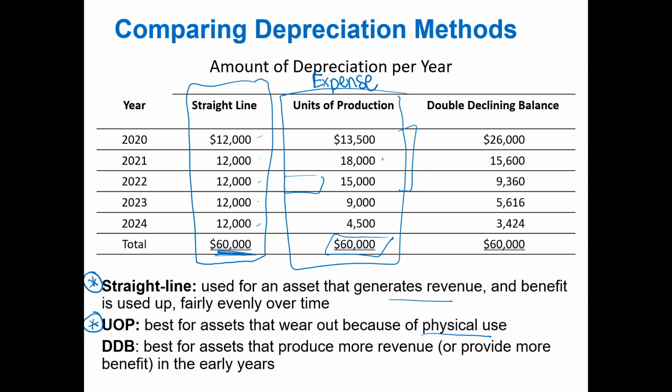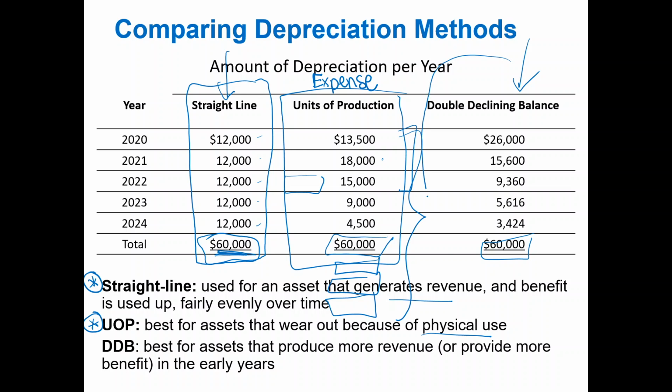Or if we didn't drive it as much, we could have continued using this for multiple years. So units of production does not take time into consideration. Straight line and declining or double declining balance are always based on the number of years. So these ones we would always see end at the end of the useful life, which was 5 years in this case, but it's not always 5 years. It's based on the question.